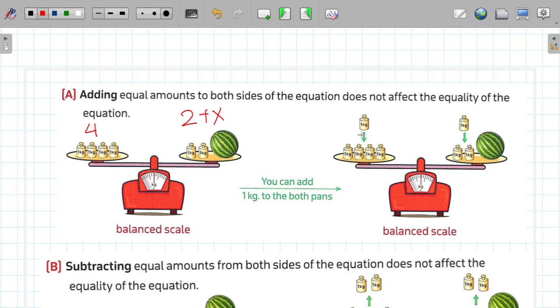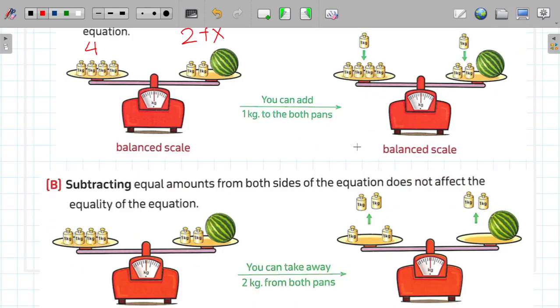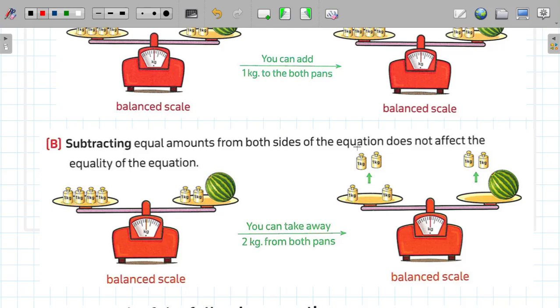And if I want to subtract equal amounts from both sides, this also does not affect the equality of the equation. Here I have 4 kilograms and here I have 2 kilograms and a watermelon.